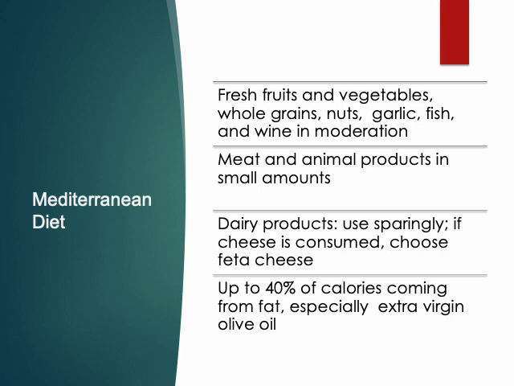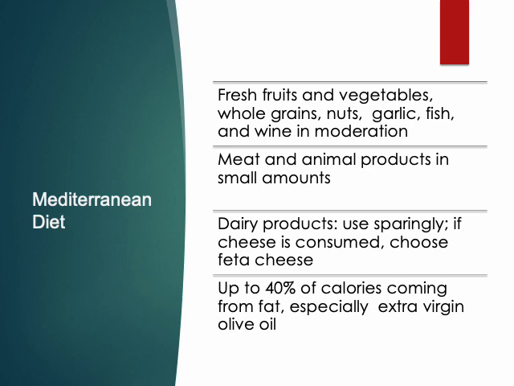Let's take a look at the Mediterranean diet, which tends to be a really good replacement diet for patients that are at risk. Now, the Mediterranean diet really pays attention to fresh fruits and veggies, whole grains, nuts, garlic, fish, and moderation when it comes to wine.